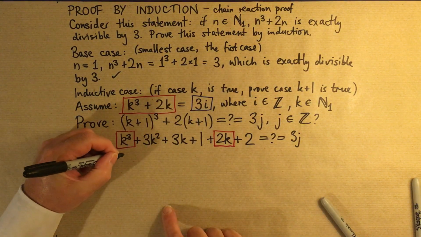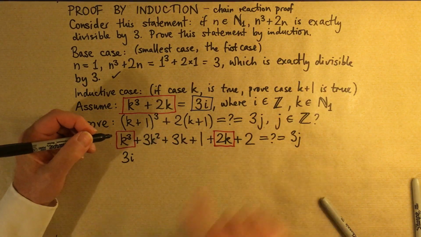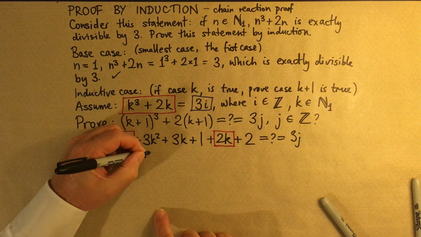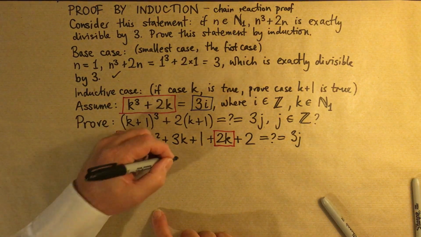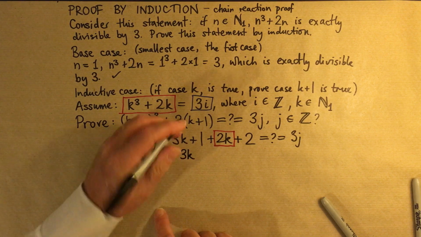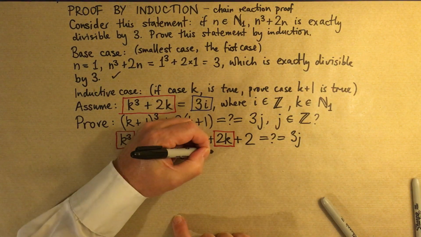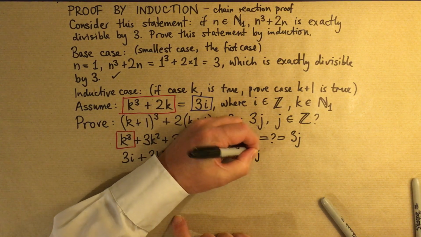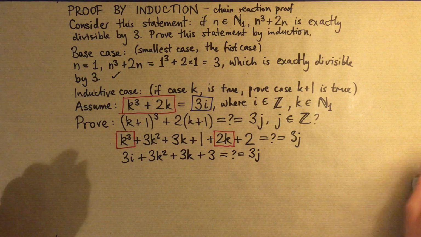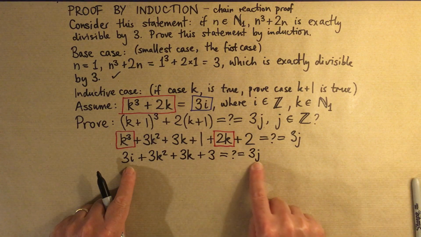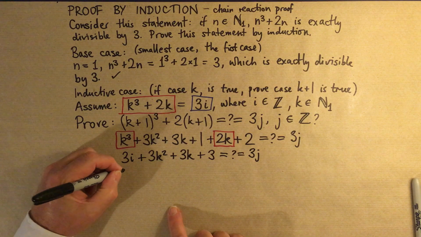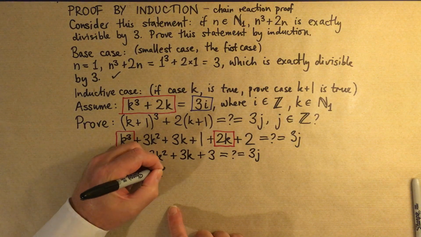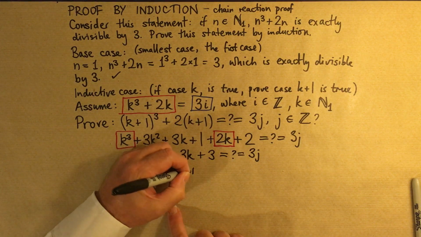So I'm going to bring down this 3i, where i is an integer, and then the rest of the formula is going to be 3k squared plus 3k, and then 1 plus 2 is 3, and the question mark is, is that 3 times j? Now you notice that I've got a 3 in all of my terms here, so I can take that out. So I've got 3 times (i plus k squared plus k plus 1).